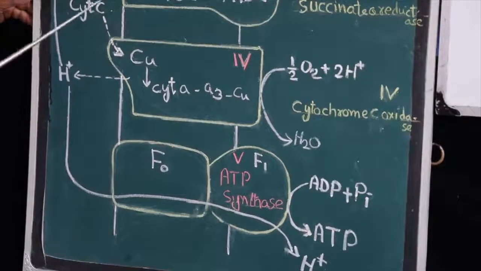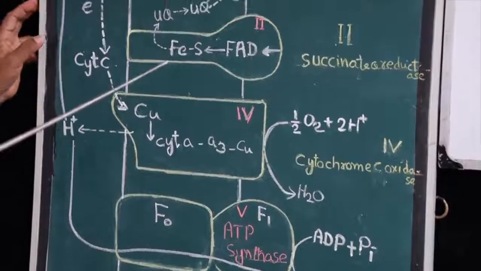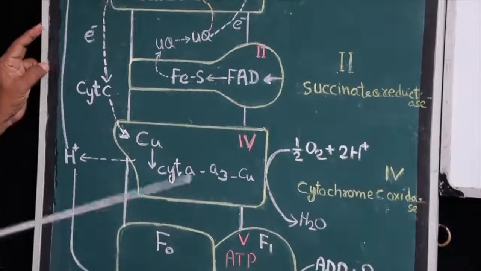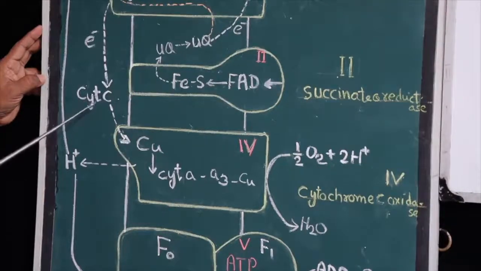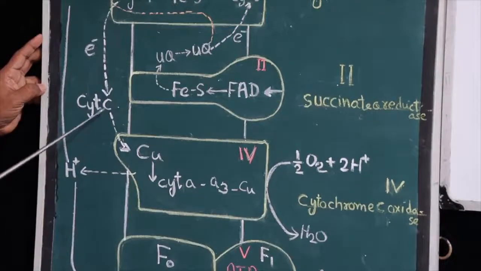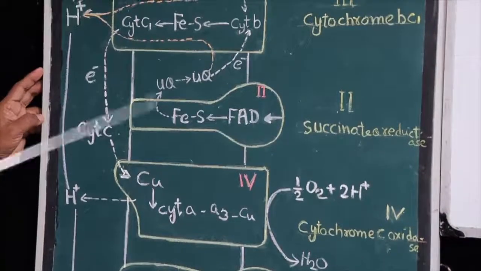Remember, cytochrome c and ubiquinone are mobile electron carriers which can freely move in the hydrophobic membrane. Don't think that cytochrome c is only here; cytochrome c is also present here, but there is no space, that's why I have written it here. Cytochrome c and ubiquinone are mobile electron carriers in the membrane.